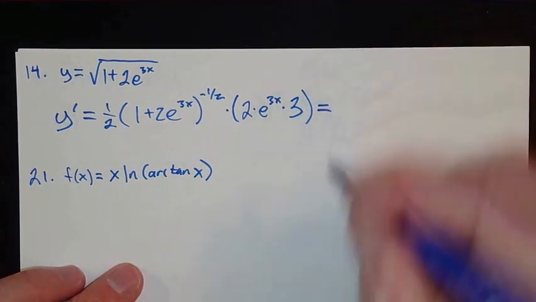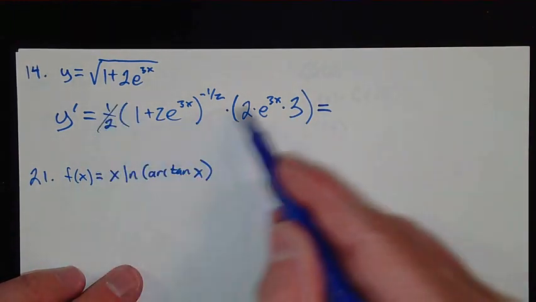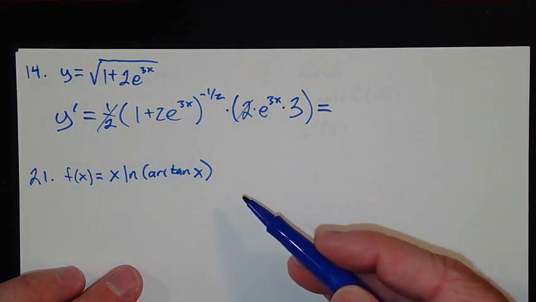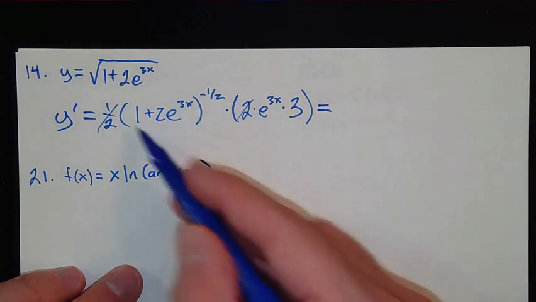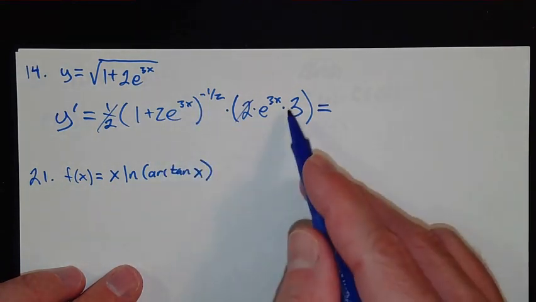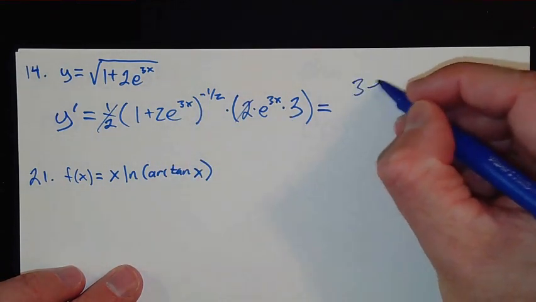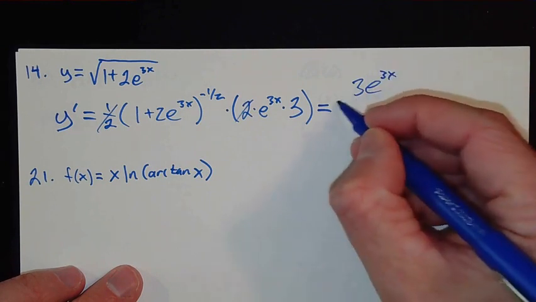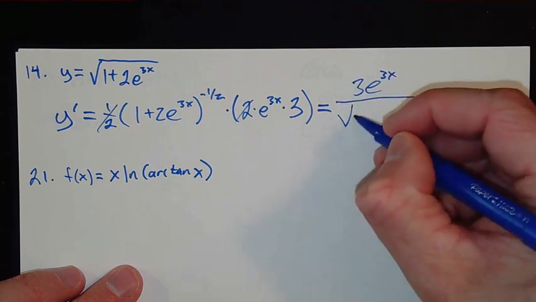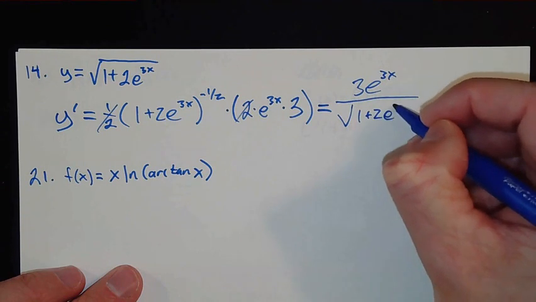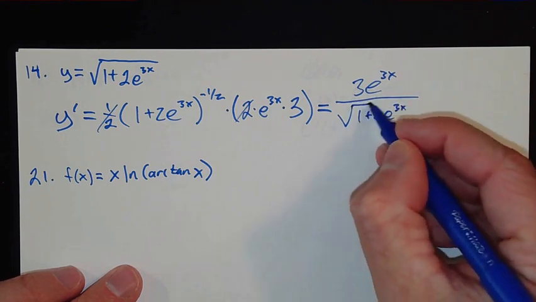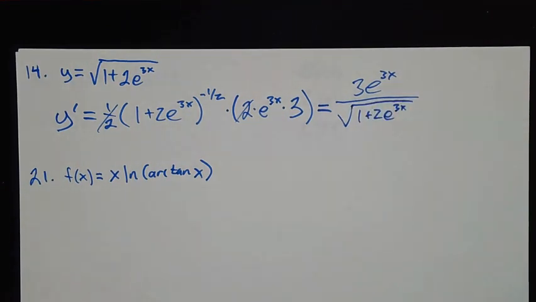And then just a little bit of simplification here. I've got a 1/2 times 2 that can cancel out. I've got all of this stuff to a -1/2, so I'll throw that in the denominator. I'll keep this 3e to the 3x in the numerator. And 1 plus 2e to the 3x inside that fraction.